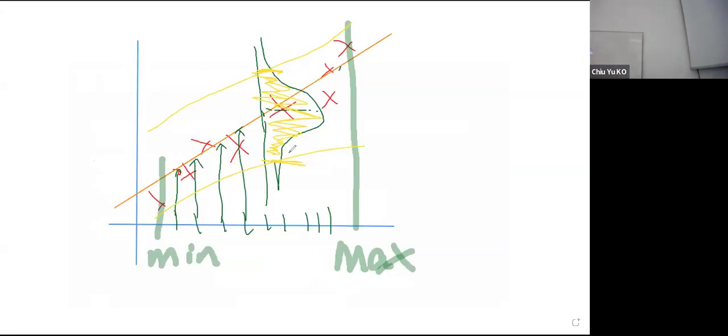When I write the interval CI, I'm actually not talking about the individual value. What I mean is, suppose this is x here, and this is the y, right?